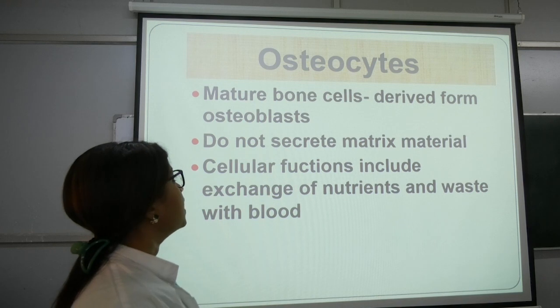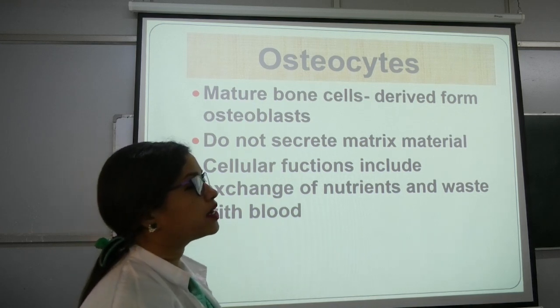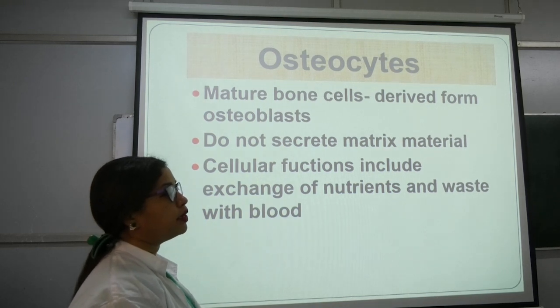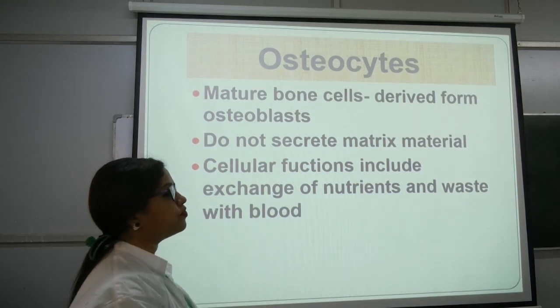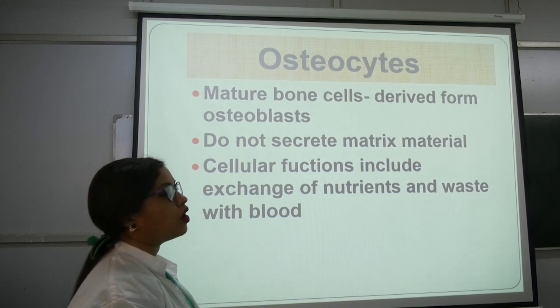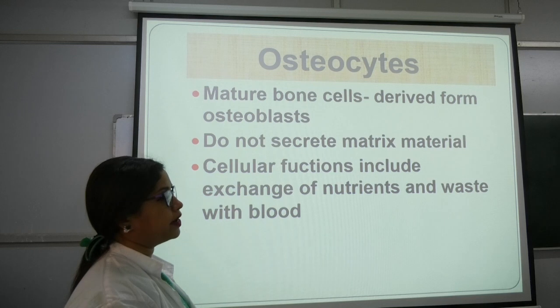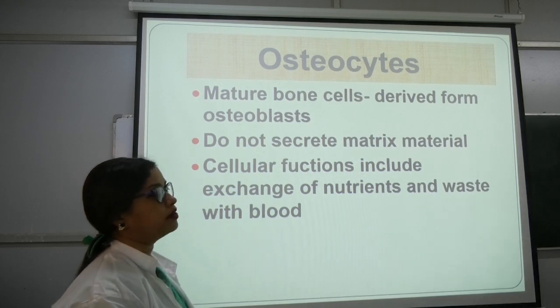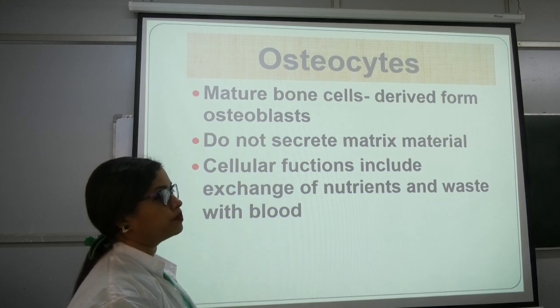Next one is the osteocyte. What is an osteocyte? These are the mature bone cells, derived from osteoblast. The number of osteoblasts is constant, it is fixed. From that there are numerous osteocytes; there will be only maturation.